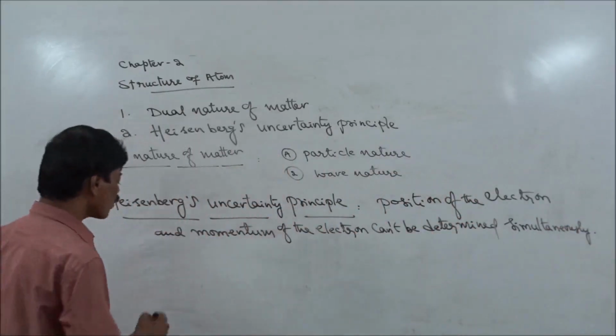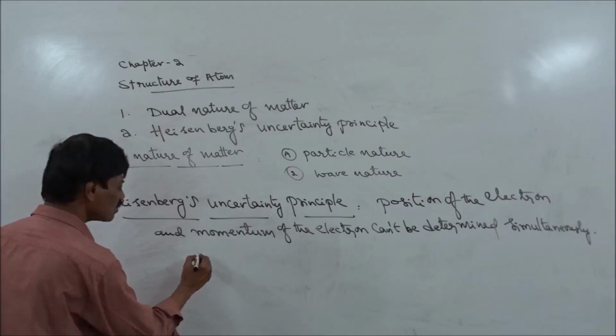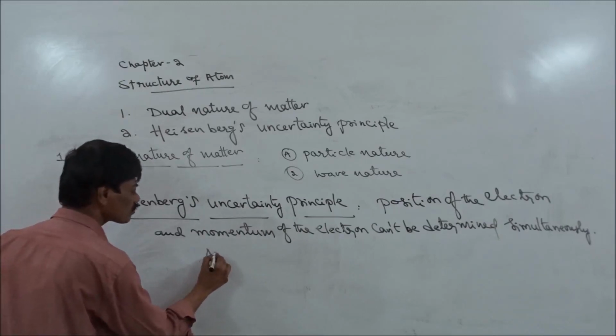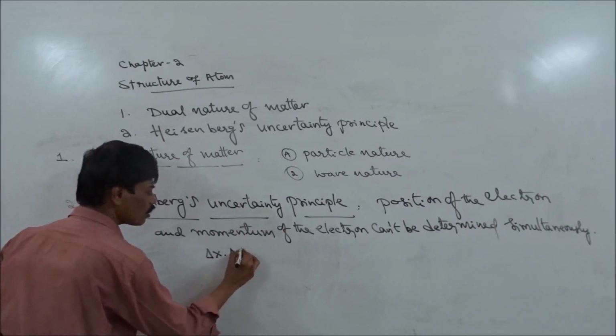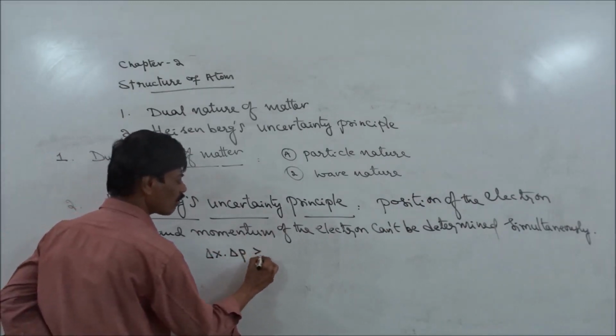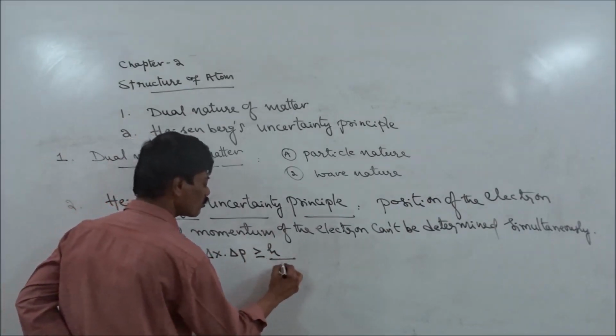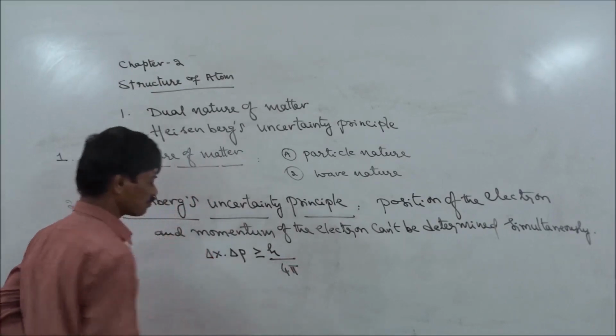This can be shown in the form of an expression, that is delta x into delta p is greater than or equal to h by 4 pi.